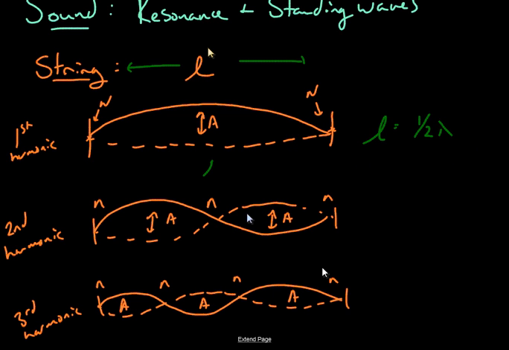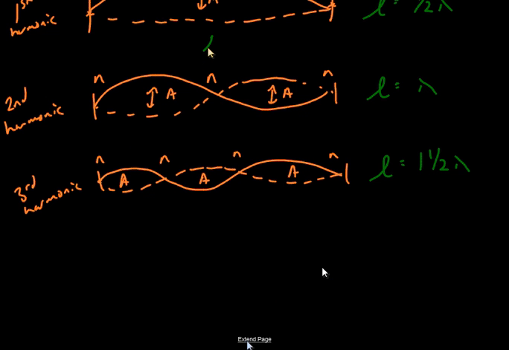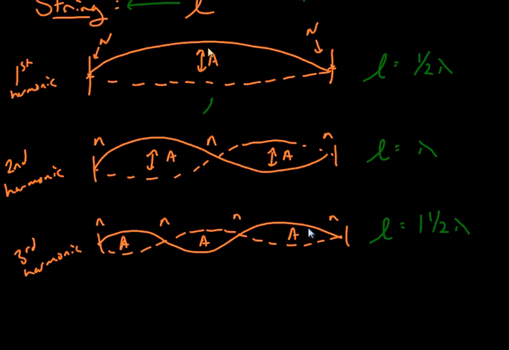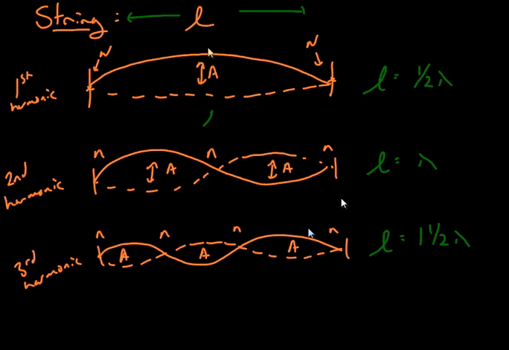The second harmonic, or first overtone, depending what you want to call it, is when the wavelength is equal in length to that. And then we have, here we have the length is equal to 1 1/2 wavelengths. Okay, so we have these kind of options going on in a stringed instrument.